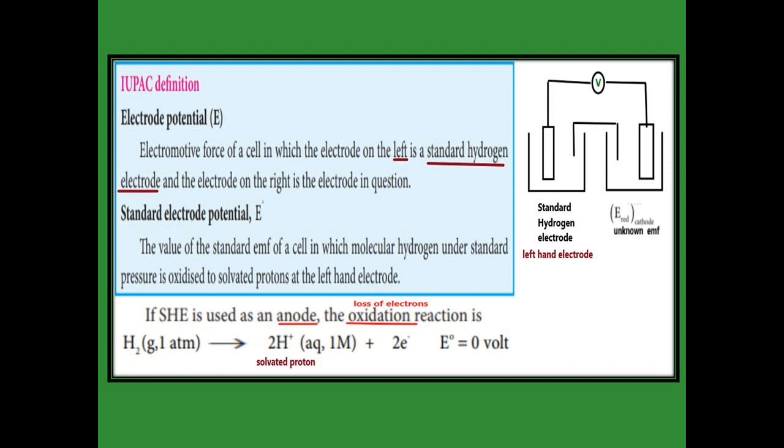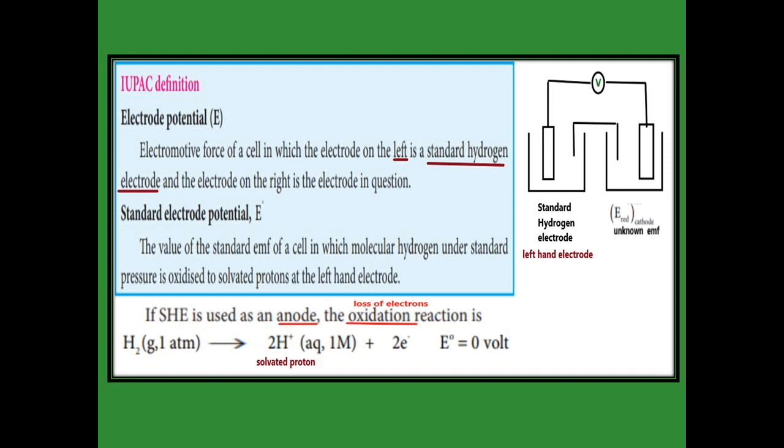In that diagram the left hand side of the cell has the standard electrode, and the electrode whose potential we have to find out should be placed on the right hand side of the cell. It is the IUPAC definition.